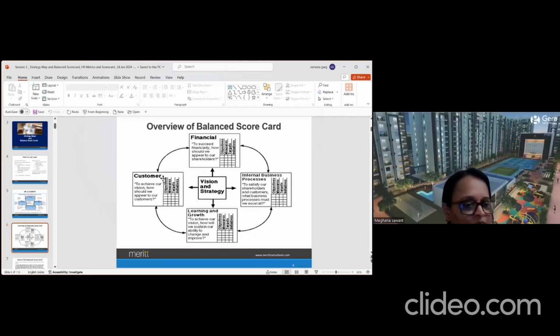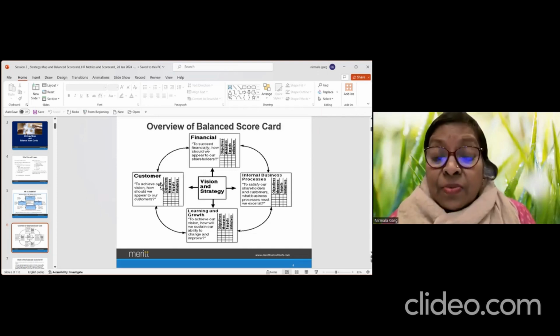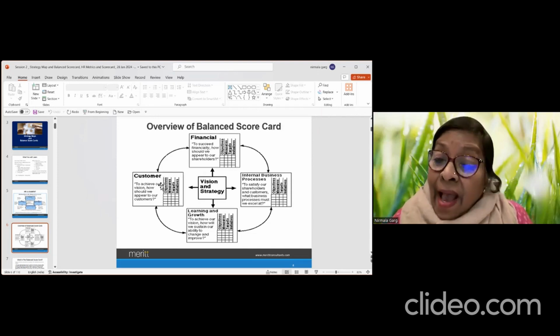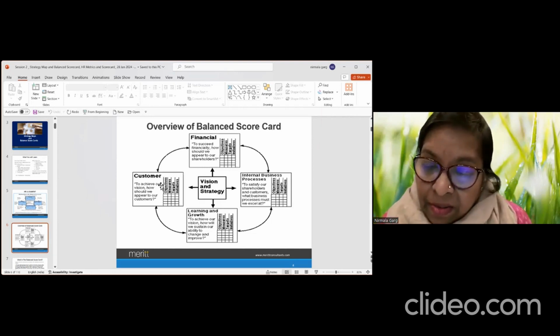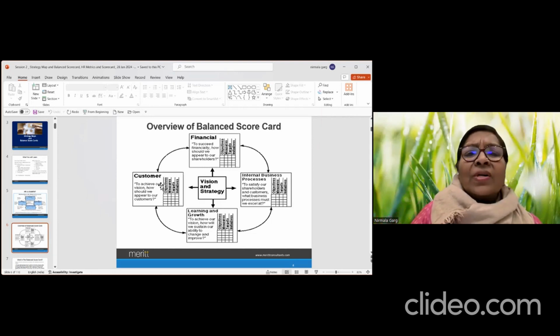I'm so sorry, I said lead earlier. They're called lag indicators. What is lag? When you use the word lag, what do you understand by it? So these numbers or these factors come up after some time.